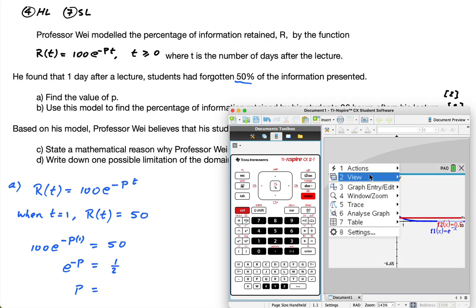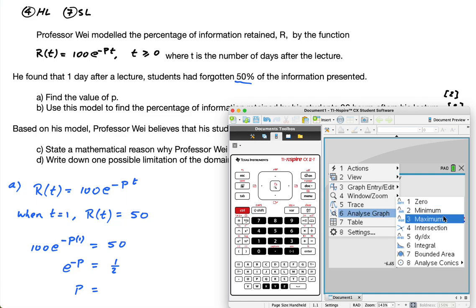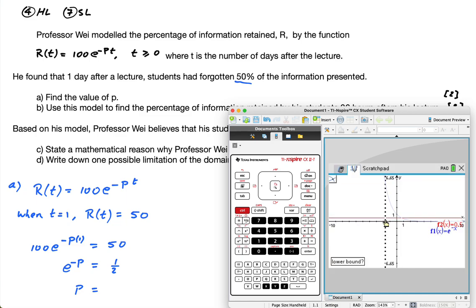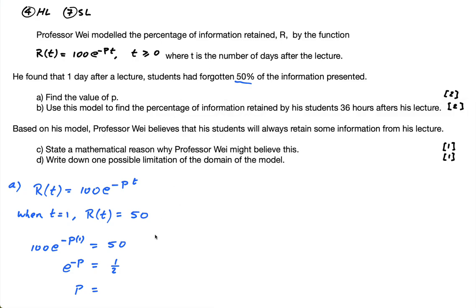So menu, analyze graph, intersection, lower bound, upper bound. They meet at 0.69315.